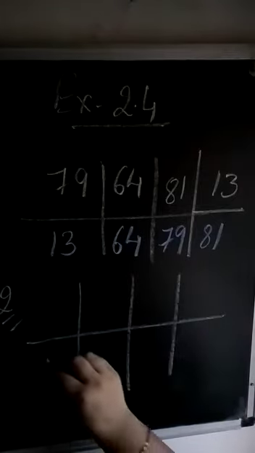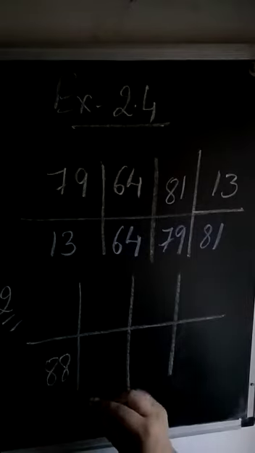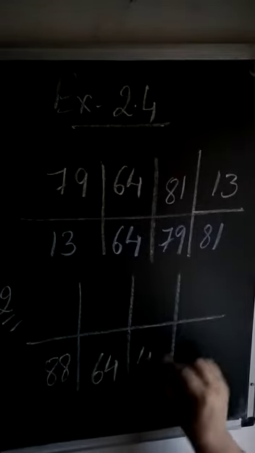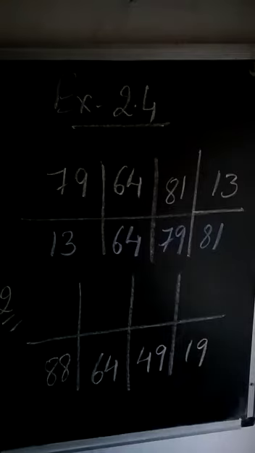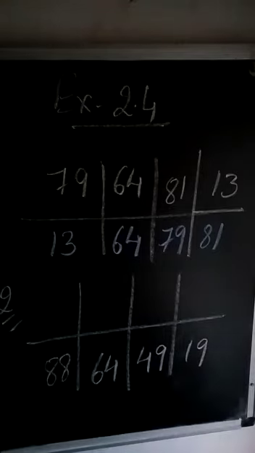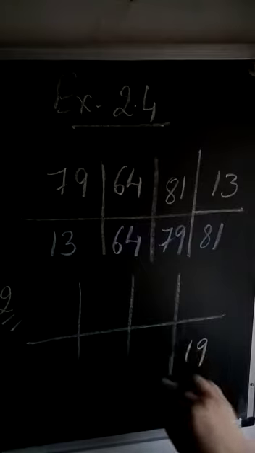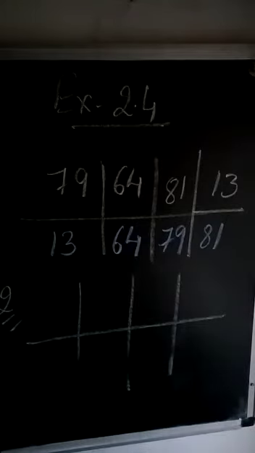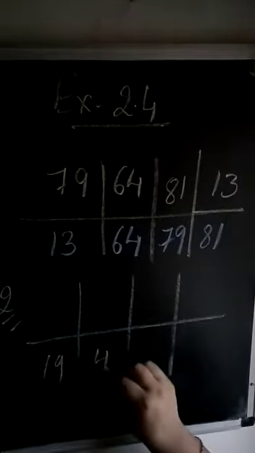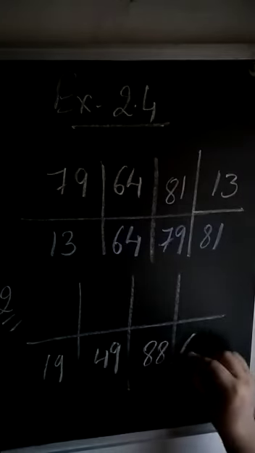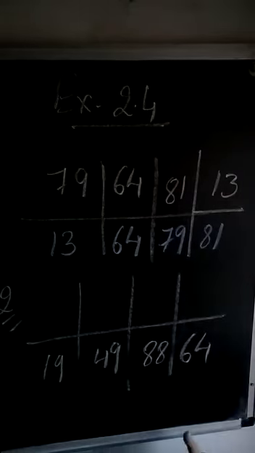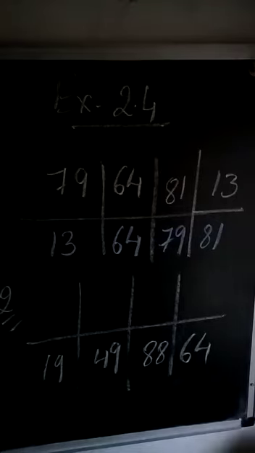Sorry, the numbers are 19, 49, 88 and 64. Now decreasing order means descending order. In this order, we will write the greatest number at first and we will move to the smallest number in the given series.